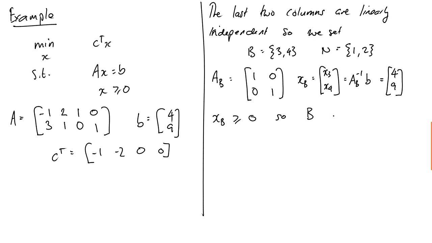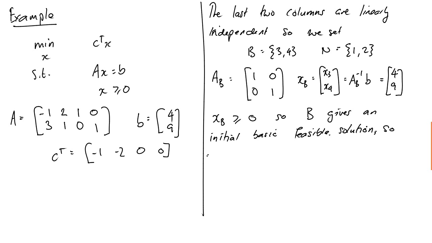So B gives an initial basic feasible solution. Now once again, I'm going to stress we can't just get an initial basic feasible solution usually. We're kind of lucky in this case that we can do that, but we'll talk about some systematic ways of finding that a little bit later.